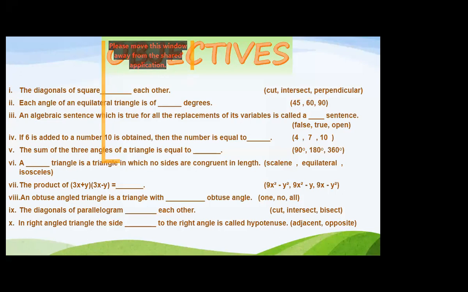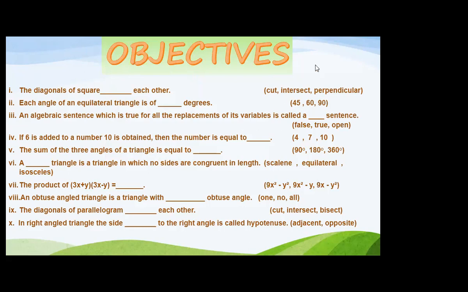So the next question is, an algebraic sentence which is true for all the replacement of its variable is called a dash sentence. This is from chapter number 4, which we have discussed last week. So an algebraic sentence which is true for any replacement of its variable is called a dash sentence.